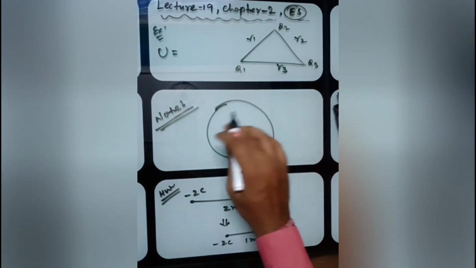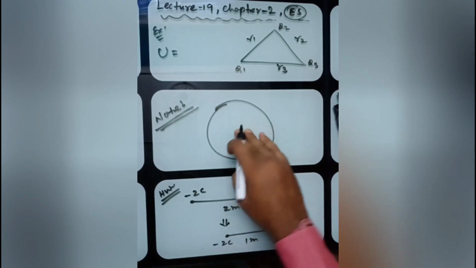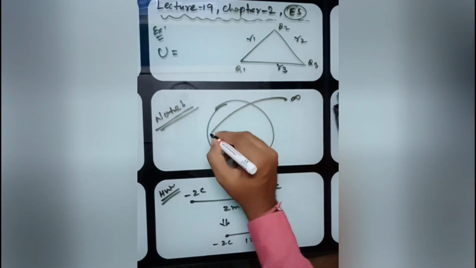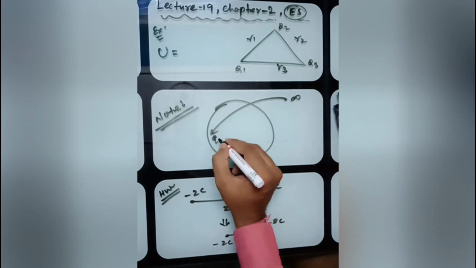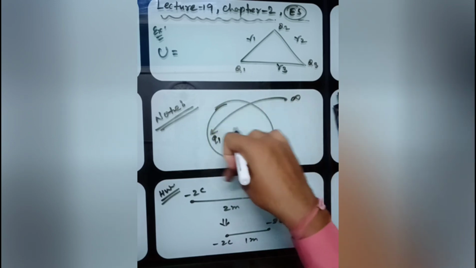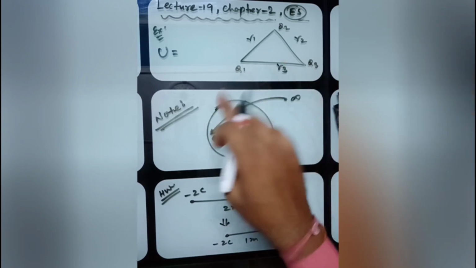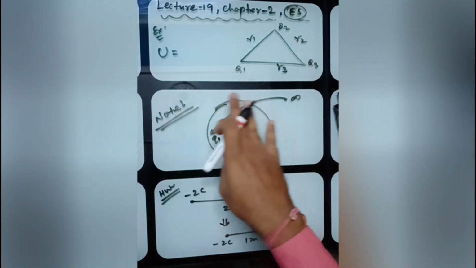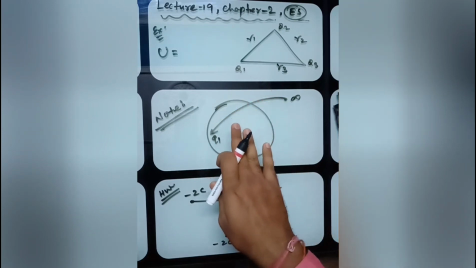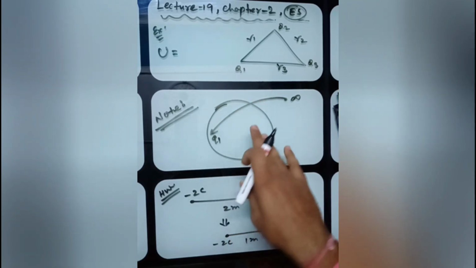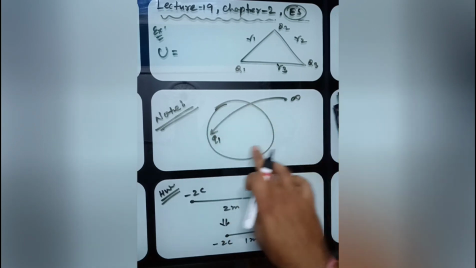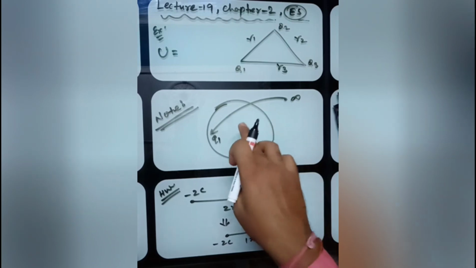In this system, we don't have energy, we don't have work. From infinity, we are bringing our test charge Q1. Do we have potential energy in this system? The answer is no. We have potential only, not potential energy, because there is no other charge, and for the presence of charge against that electrostatic field, it has to do the work. So there is no charge, so there will be potential.